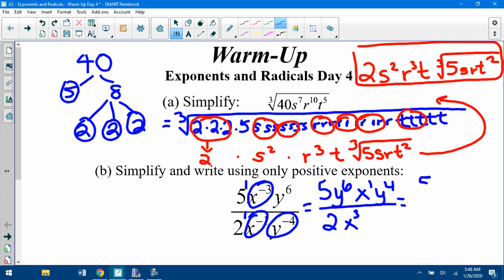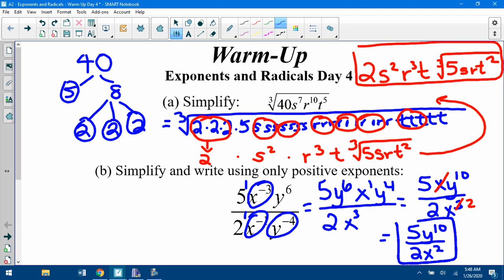We really have 5x y to the 10th on the top. On the bottom, we've got that 2x cubed. And now, final step, is there any canceling we can do? Well, that x is going to go away with one of those, but there's still 2 x's on the bottom. And it looks like your final answer should be 5y to the 10th over 2x squared.